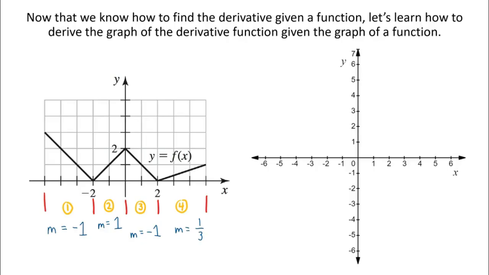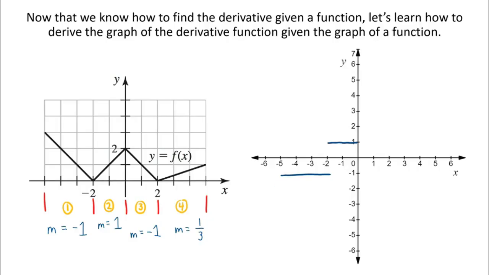And now we'll graph each of these slopes as heights on the graph of the derivative function. In section 1, which is from when x equals -5 to when x equals -2, the slope is constant at -1. So we'll graph a constant function at a height of -1 from when x equals -5 to x equals -2, like this.